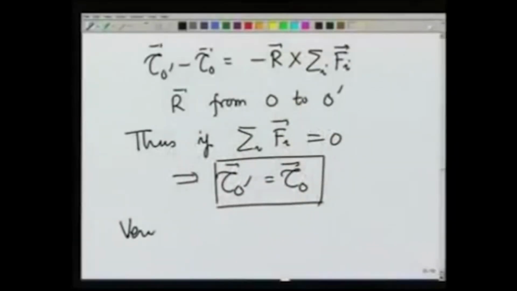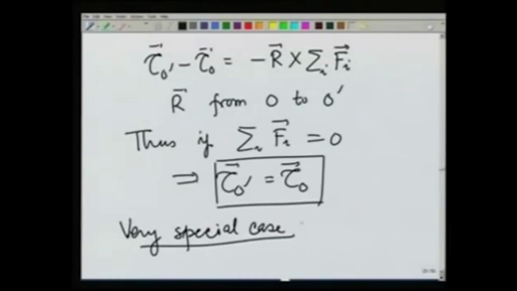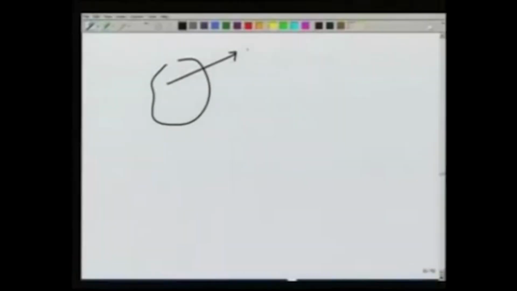A very special case of this is something called a couple, which is used in engineering mechanics quite a lot. And what is a couple? Suppose I take a body, apply a force F in one direction, and apply a force in the opposite direction, minus F, and they are displaced parallel to each other by a distance d.